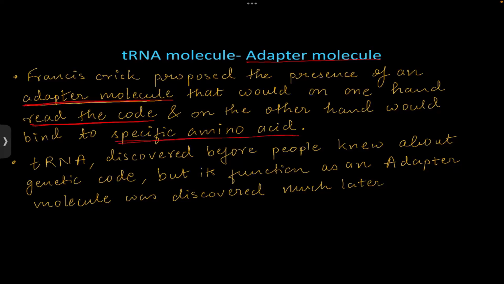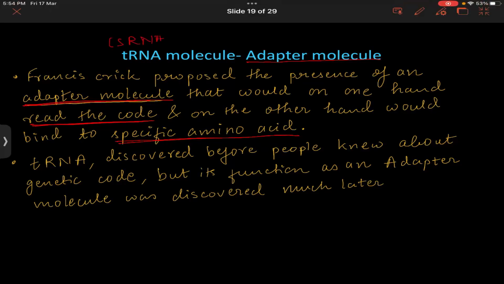Okay, so when Crick proposed the presence of an adapter molecule, at that time the tRNA molecule was known to people. So people knew that there are three types of RNA molecules: mRNA, rRNA, and tRNA. But tRNA was called at that time sRNA or soluble RNA.